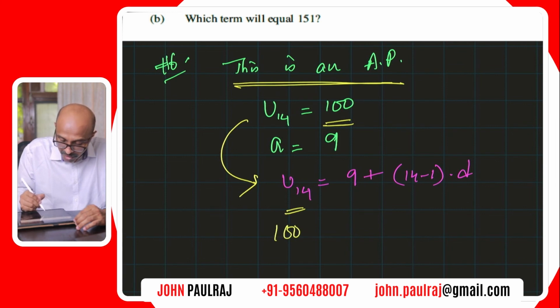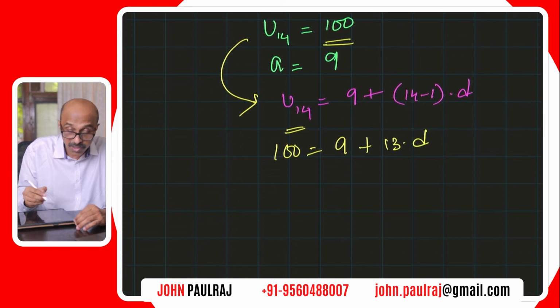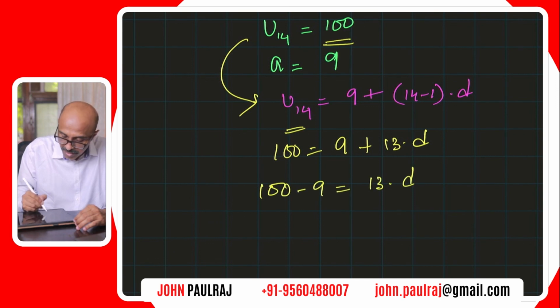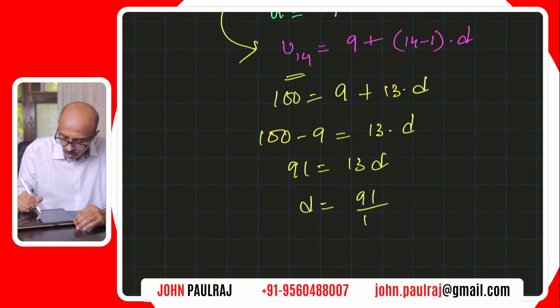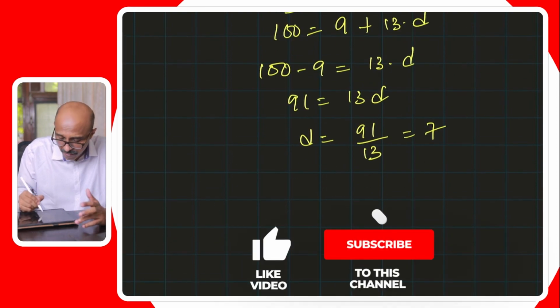So you substitute U14 as 100, and that becomes 9 plus 14 minus 1, which is 13, times D. Now it's just about solving for D. You'll get 100 minus 9, which is 91, is equal to 13D. When you divide both sides by 13, you get D as 91 over 13, which is 7, which means the common difference, or the constant difference, is 7.